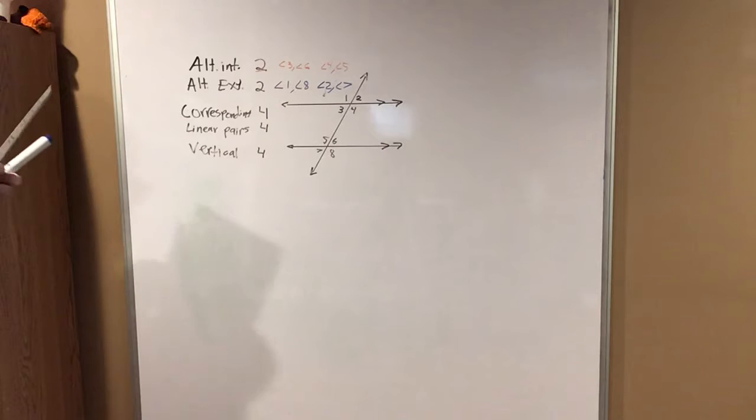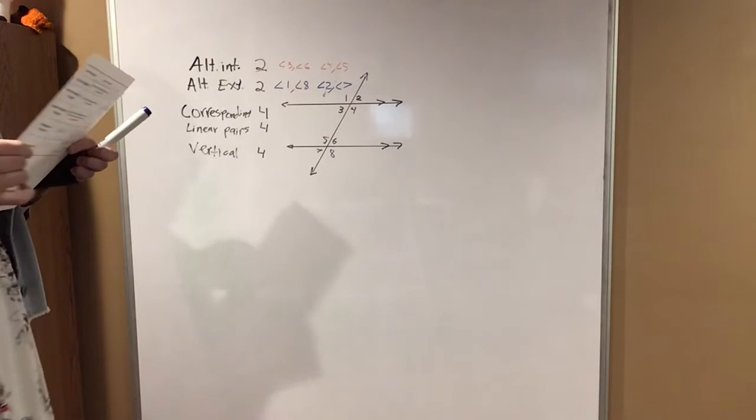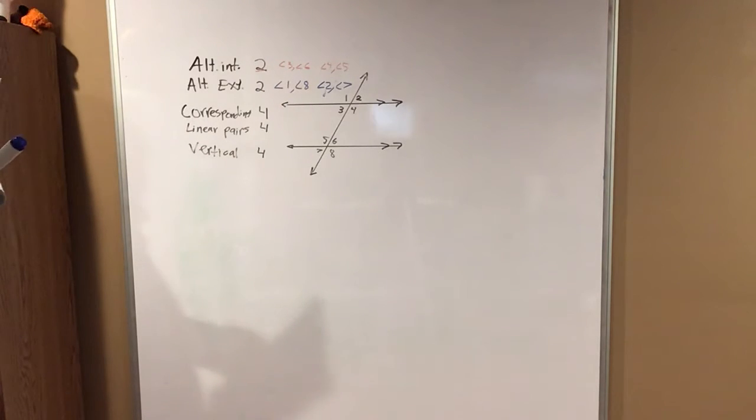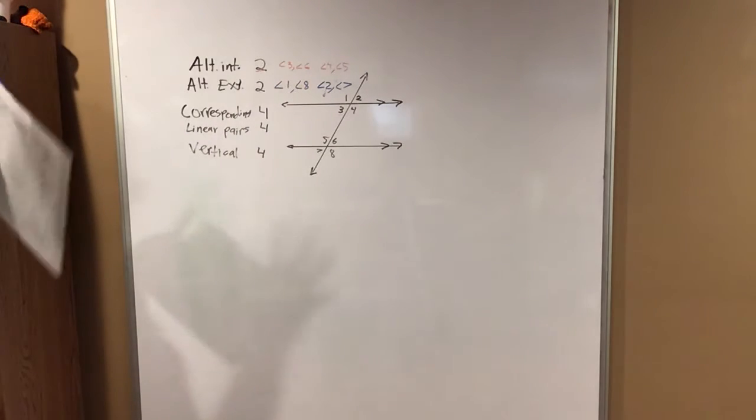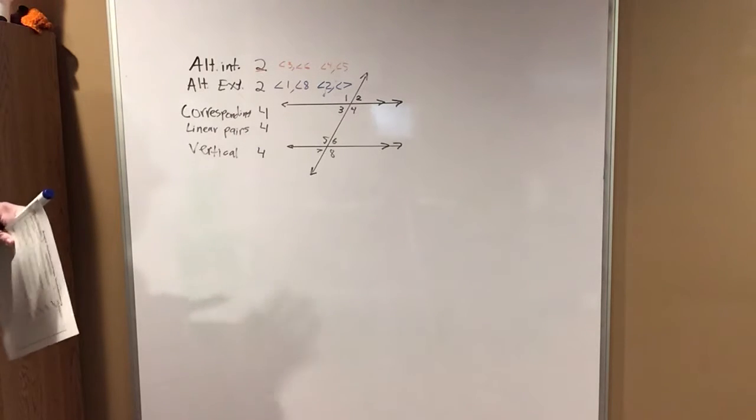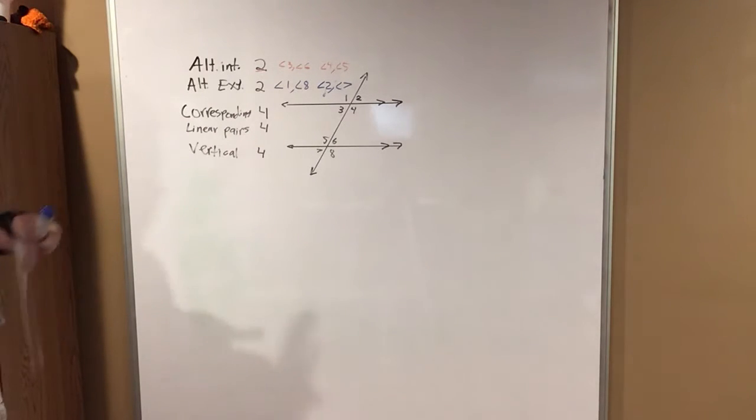Corresponding means they're angles that are on the same side of the transversal, but in matching positions. So they're on the same side, but they're matching. There are 4 of them in each of these.